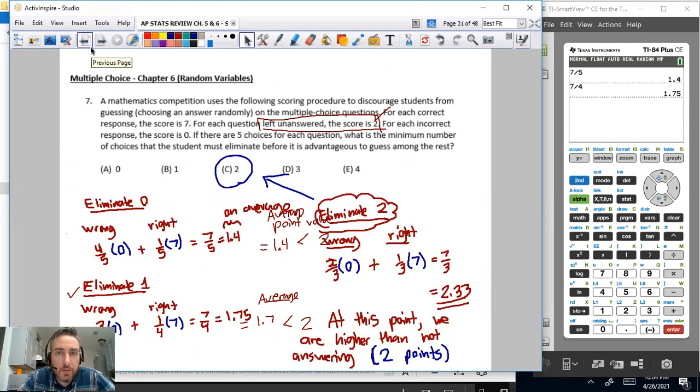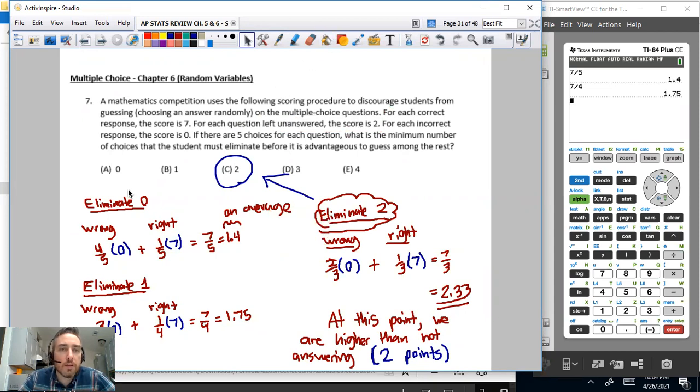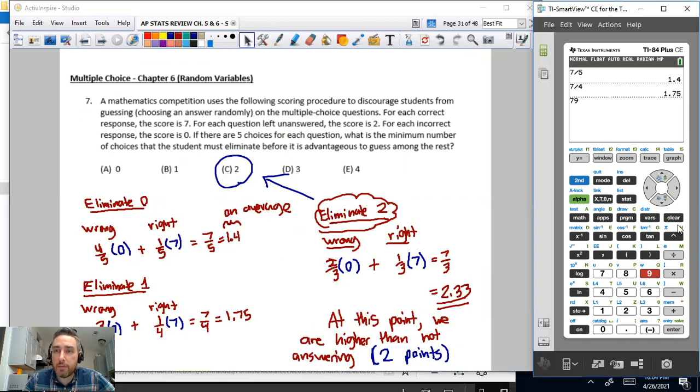So it turns out 2 is going to be your answer. If you eliminate 0, on average, you're going to get 1.4 points. If you eliminate 1, on average, you're going to get 1.75 points. But if you eliminate 2, you have a 2/3 chance of getting it wrong and a 1/3 chance of getting it right. So that's 7 divided by 3, and 7 divided by 3 is greater than 2.